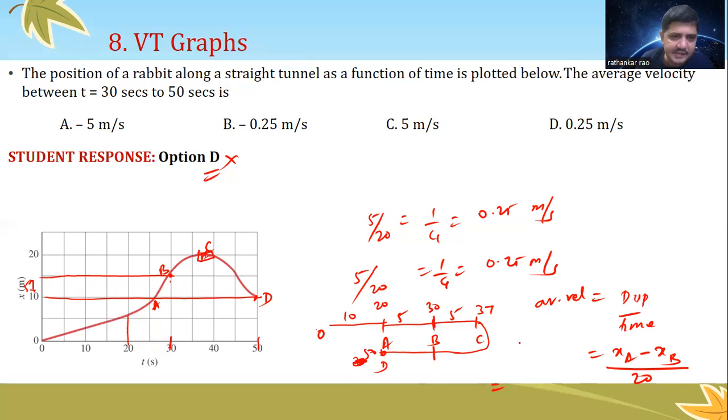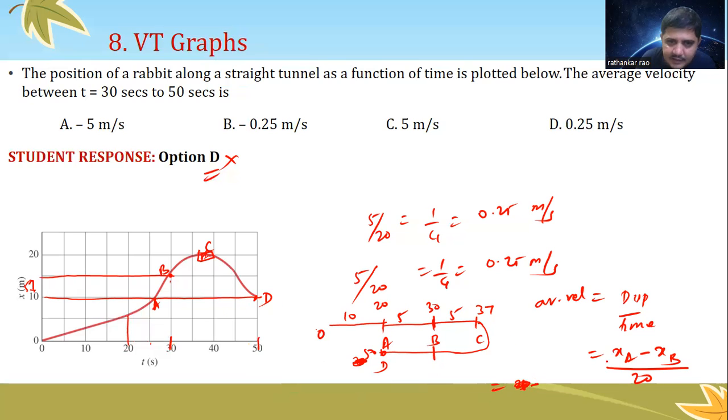Where is it at 50 seconds? It is at this point over here. Sorry, I'm making a mistake over here. XA minus XB divided by 20.